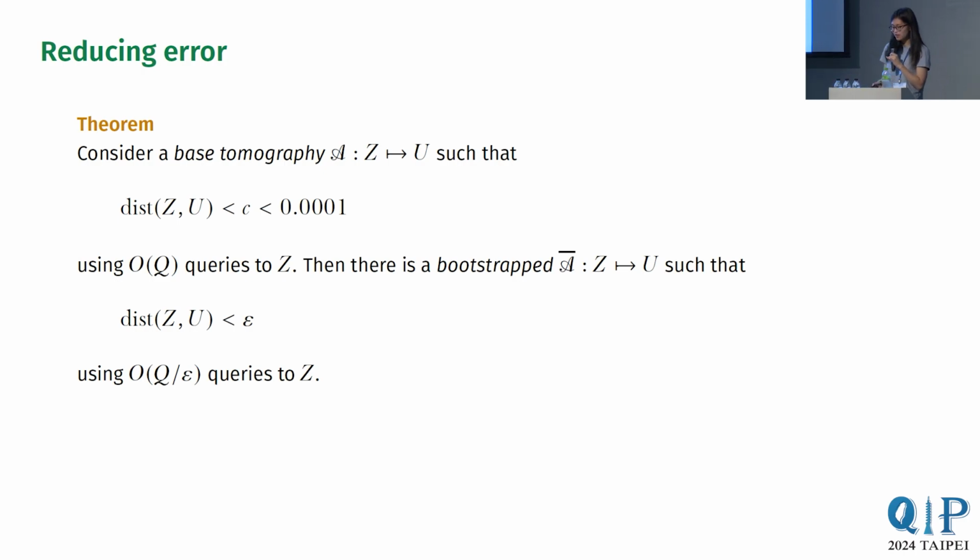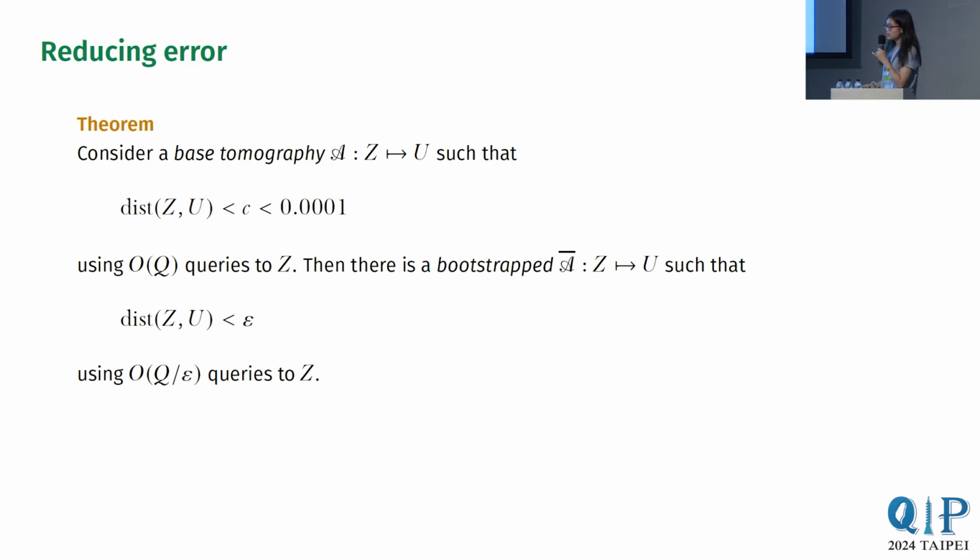What we are going to show, as I mentioned before, is that if you give me some base tomography algorithm, your favorite algorithm that, given a black box oracle to the unitary, gives me back some estimate to constant error, then I can apply this for various different choices of my oracle. And what it'll give me is an epsilon-good estimate. And the number of queries I use only inflates by a factor of 1 over epsilon.